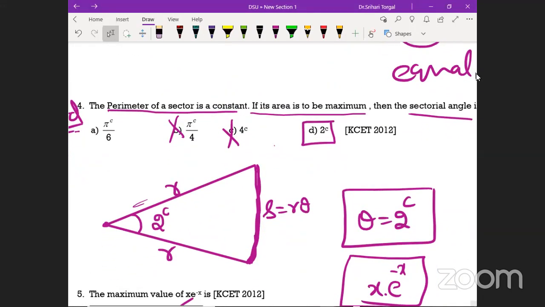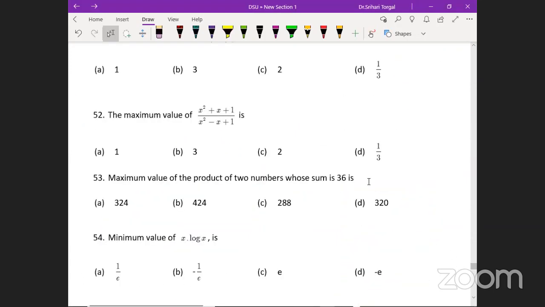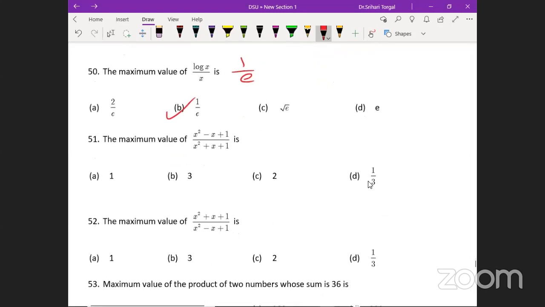Yeah, I think all of you got the idea. Now we'll move on to the next question. Maximum value: because C is in the denominator, put x equal to what? Minus 1 to get the maximum value.